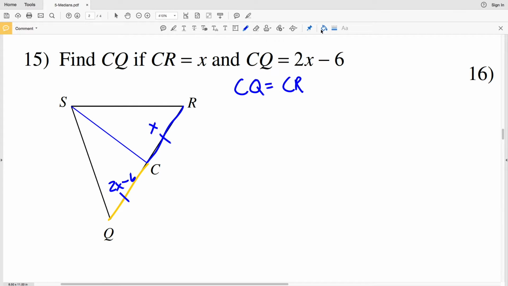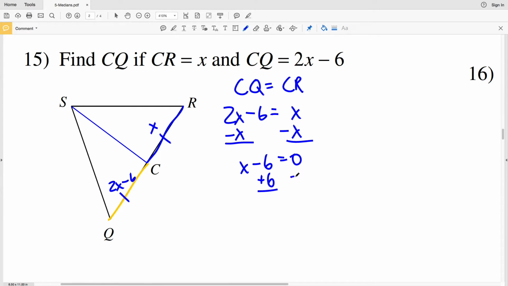So if CQ is 2x minus 6, then 2x minus 6 is equal to CR, which is x. So I'm going to subtract x from both sides to get that x minus 6 is equal to 0. Then I'll add 6 to both sides to get that x is equal to 6.